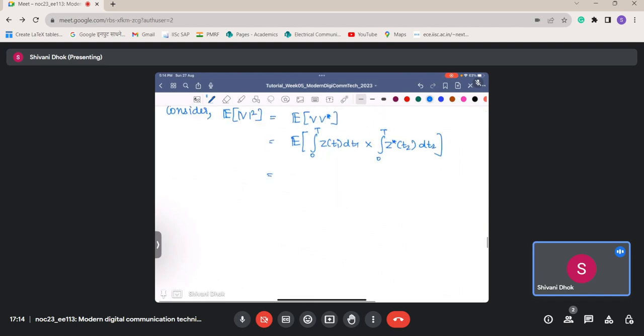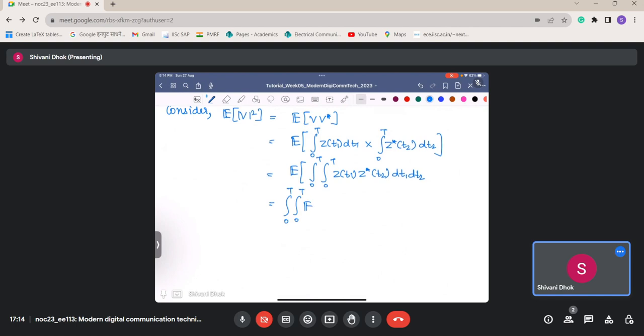So again this I can write as expectation of the double integral from 0 to t, 0 to t of z(t1) into z conjugate of t2 dt1 dt2, and again I can take out these integrations and take expectation inside.